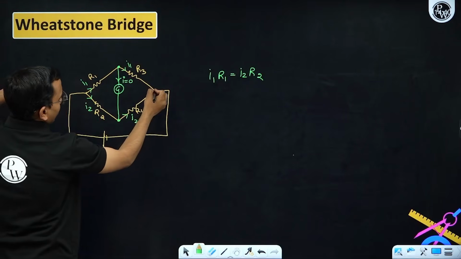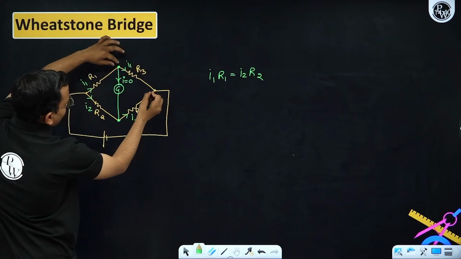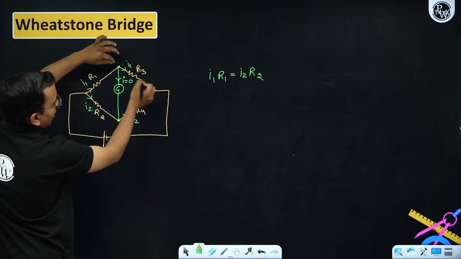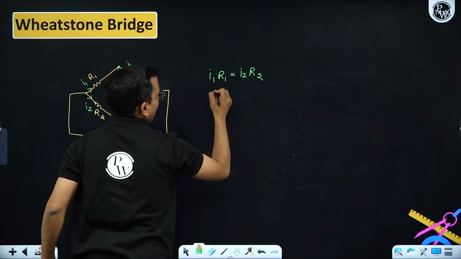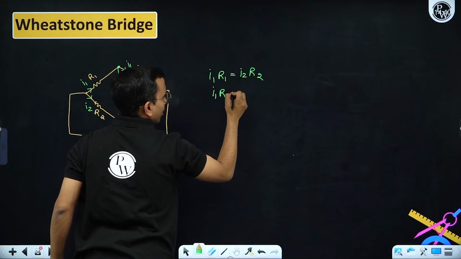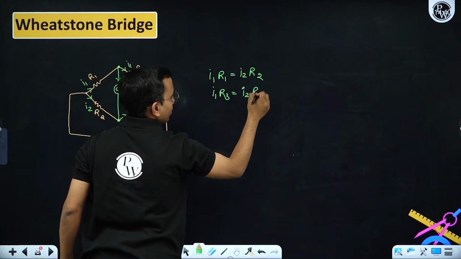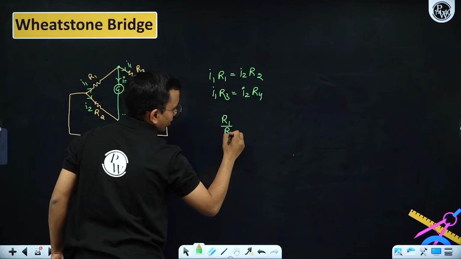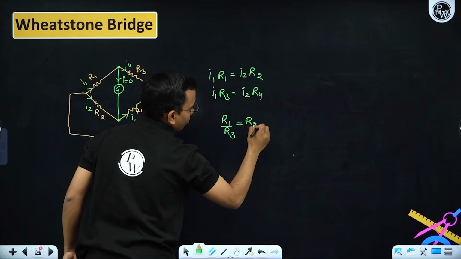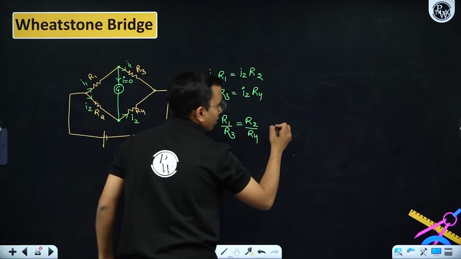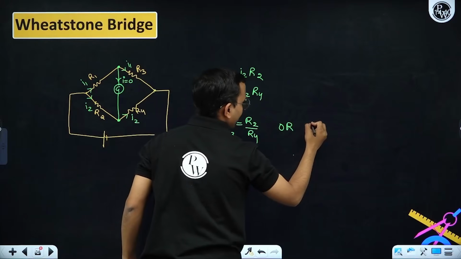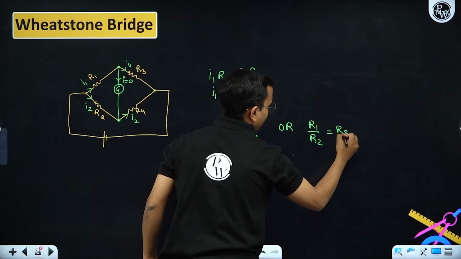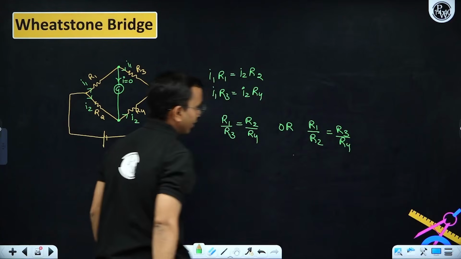Similarly, these 2 points are connected here, so this point and this point have the same potential, it means the drop across R3 and R4 is the same, so I1 R3 is equal to I2 R4. If I divide these, I'll get R1 by R3 is equal to R2 by R4, or I can write it the other way, R1 by R2 is equal to R3 by R4. Any of the ways you can write it.